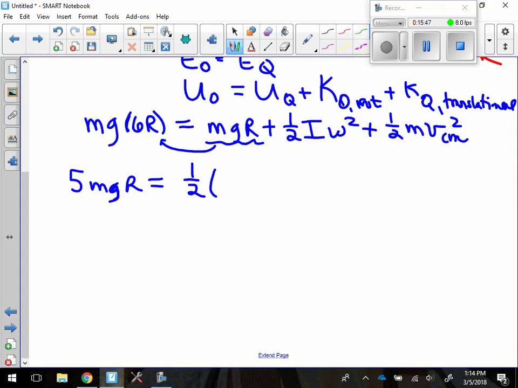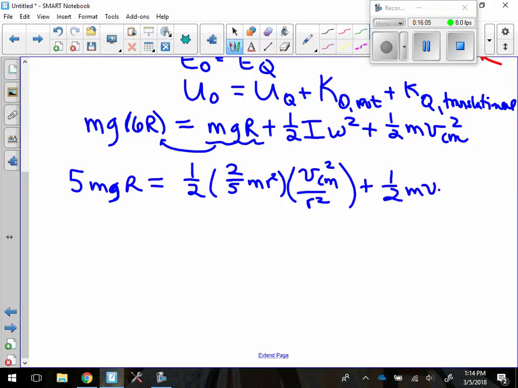Well, I'm going to put in the rotational inertia of a solid sphere again, which is 2/5 m r squared. And then, yes, you're exactly right. We're going to take omega and make omega squared into V center of mass squared over r squared, plus 1/2 m V center of mass squared.